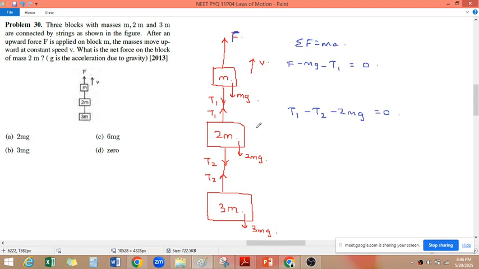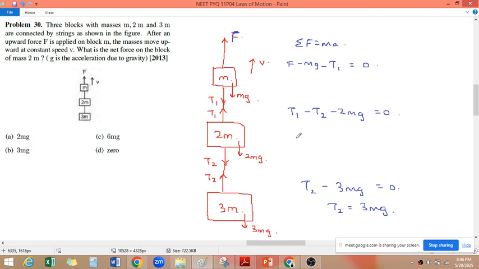If this is going at a constant velocity, they should also be going at a constant velocity, right? Because all of them are connected with the string. The equation for the last one will be T2 minus 3mg is equal to 0. That means T2 is equal to 3mg.